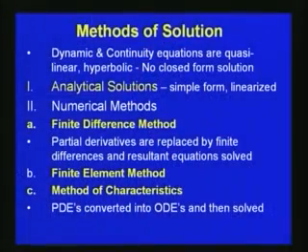Or, based upon the fundamental equations which we discussed, the dynamic equation and the continuity equation, we can develop a computer code using one of the methodologies and get a solution for the problem we consider. So, different methods of solution are available for unsteady flow problems through closed conduits.